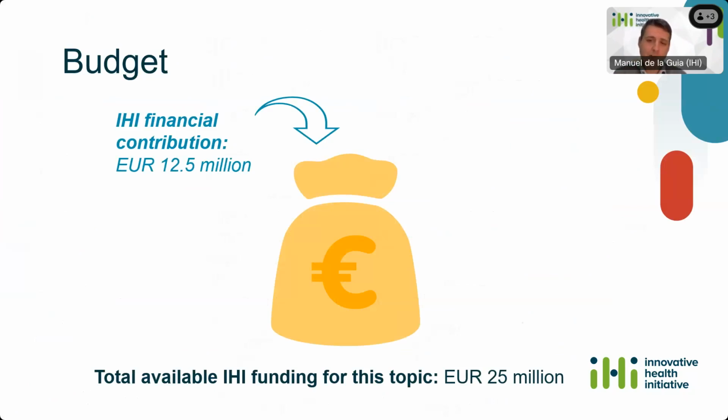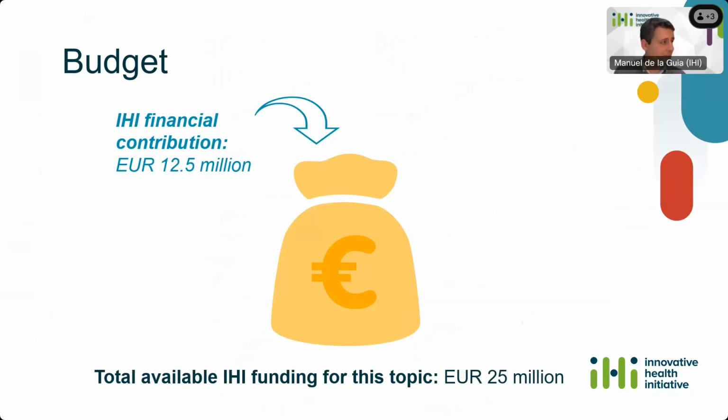And now we're going to give you an example, which is an estimation by IHI on how big a project should be roughly to tackle the topic. So we consider that a contribution from IHI of 12.5 million should be enough. It's a ballpark figure, but should be enough to address this topic.